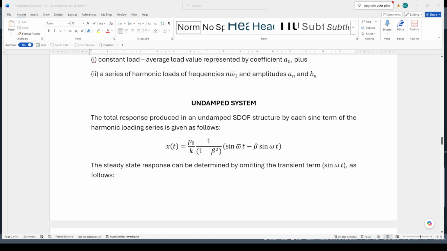For an undamped system, the total response produced in the undamped system by each sine term of the harmonic loading series is given by this equation.